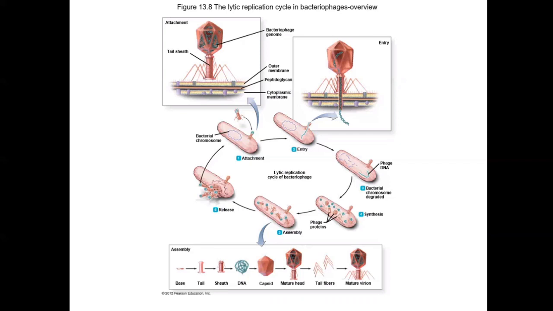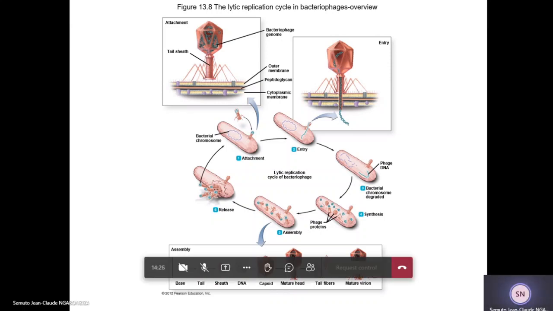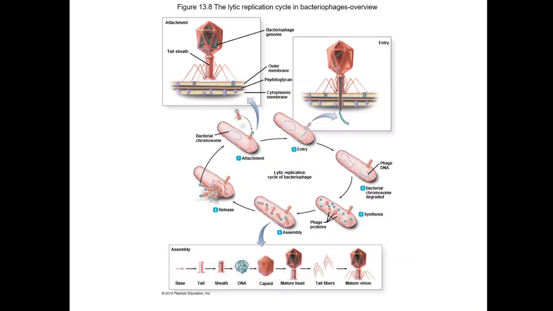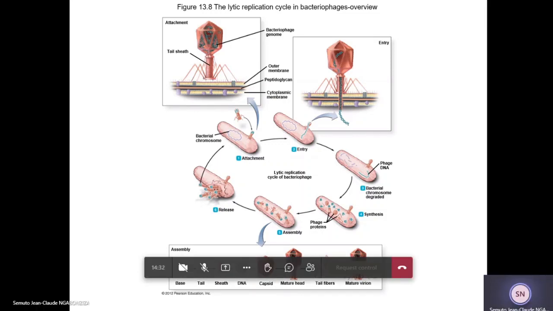So one thing that you have to know is that only a few viruses will integrate their genome in the host cell genome. Those are called retroviruses, which are RNA viruses. So they have to change their RNA into DNA. That is the case of HIV.